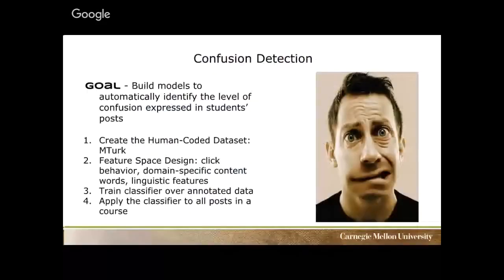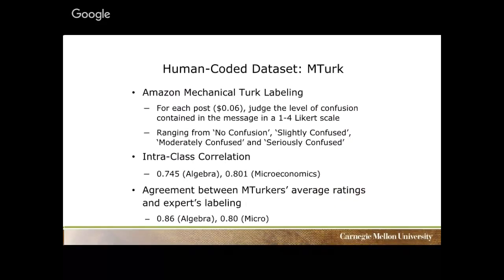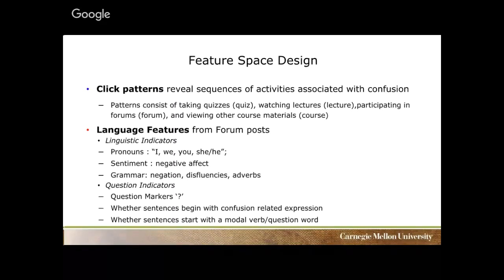Similarly, we looked at signs of confusion and how people's confusion is being addressed through the discussion forums. Again, we're using machine learning to measure confusion in what students are saying in the discussion forums.